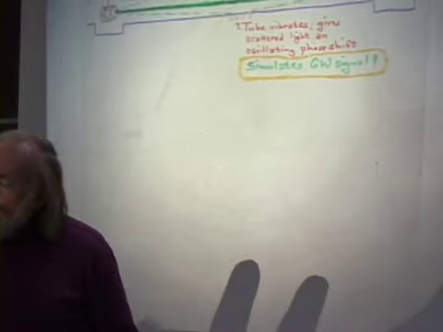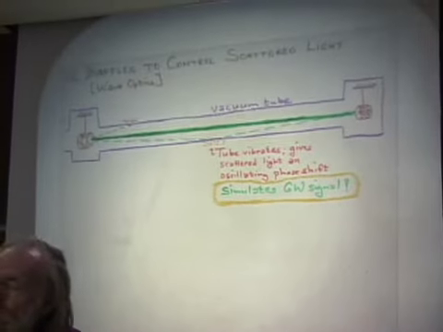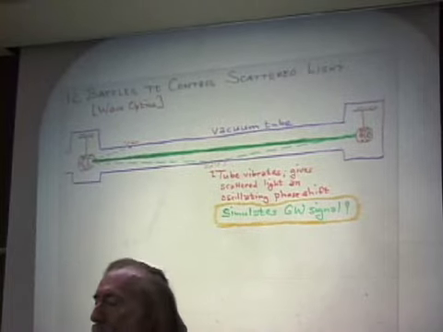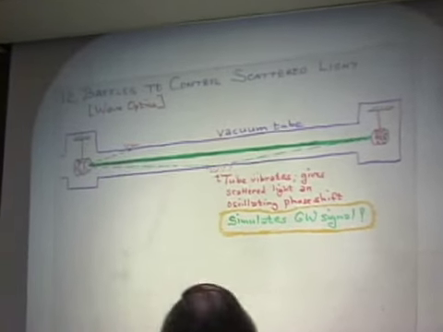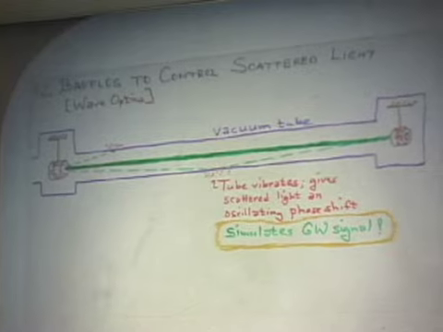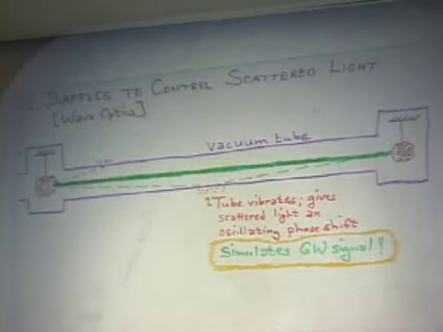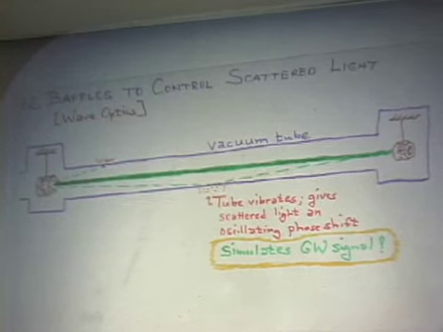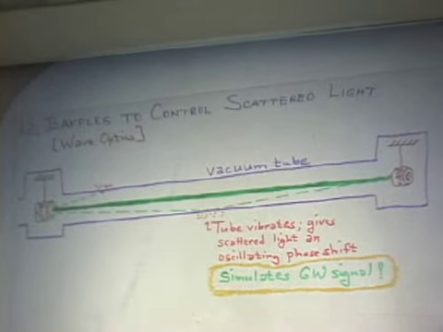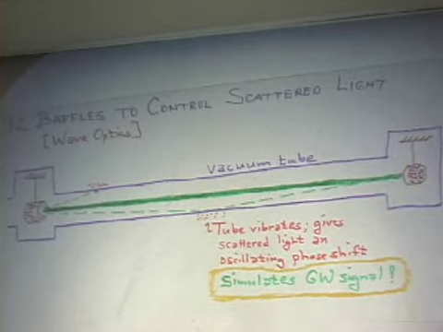So I'm going to begin by talking about the scattered light noise as the first topic. The nature of the scattered light noise is the following: you have the light beam in the LIGO beam tube running back and forth between a corner mirror and an end mirror.